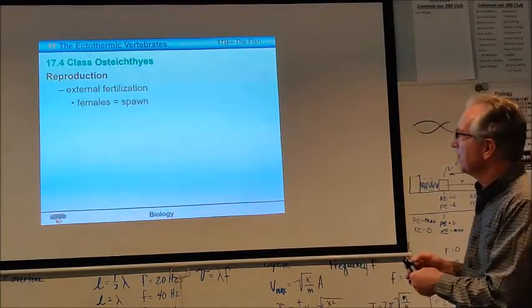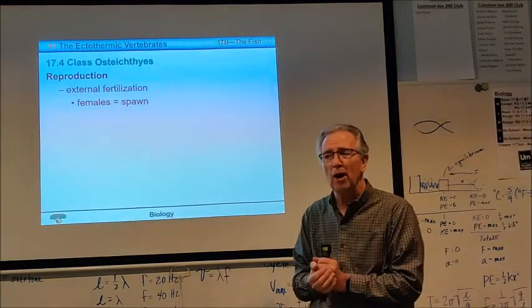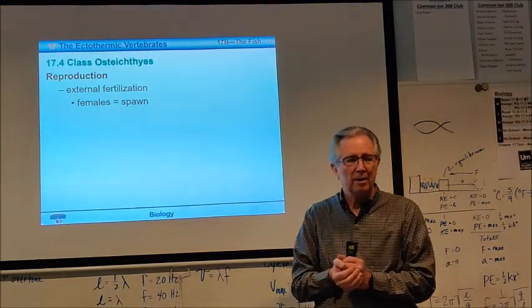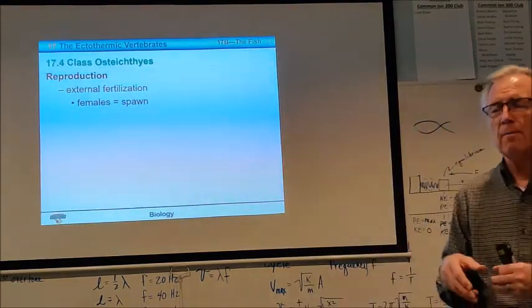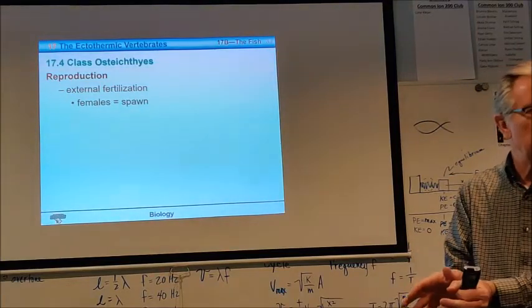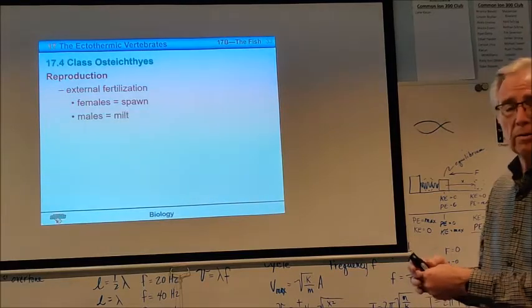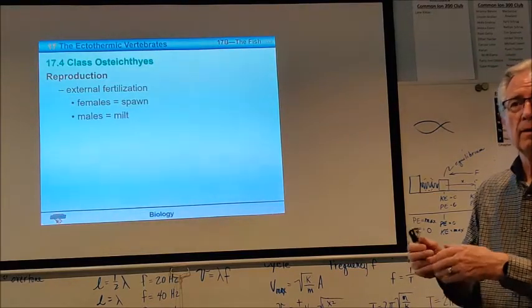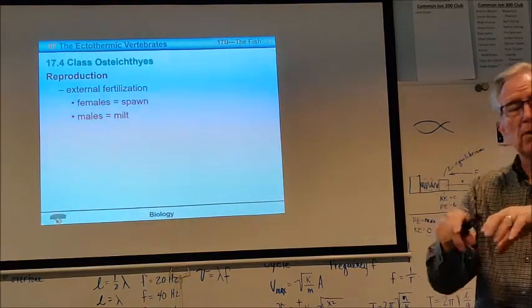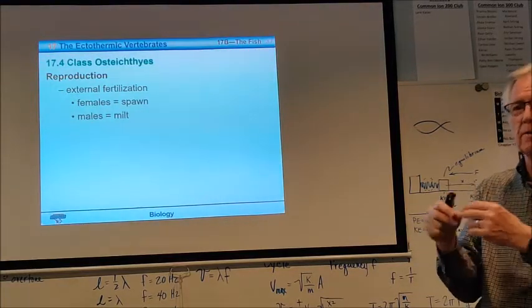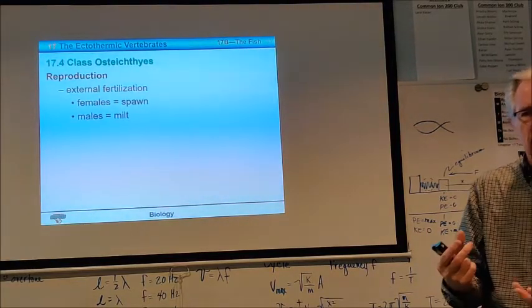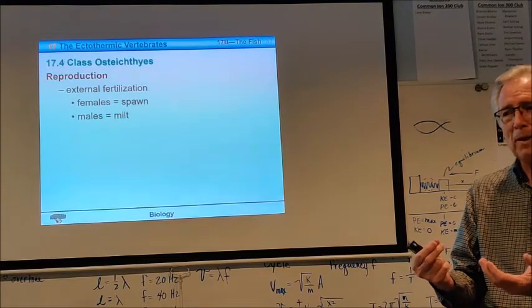And that process of depositing her eggs is called spawning. And then after she has spawned, the male fish will swim over the eggs and release the sperm. And we call that milk. Then the sperm will find the eggs, fertilize the eggs, and they will then mature into little baby fish.